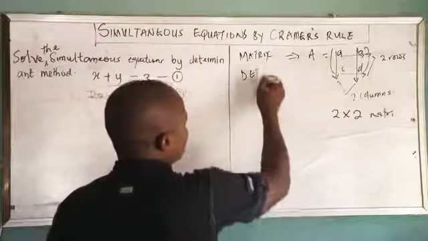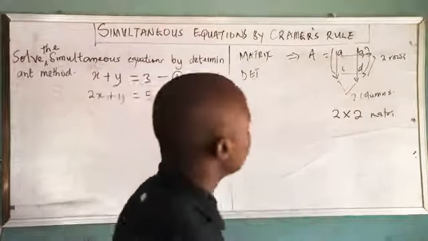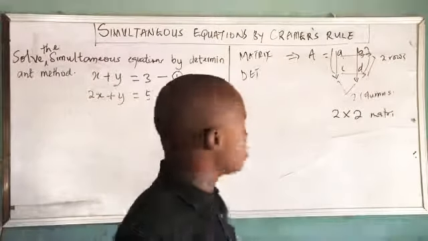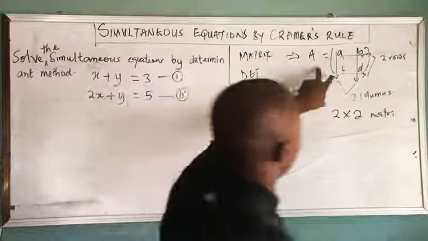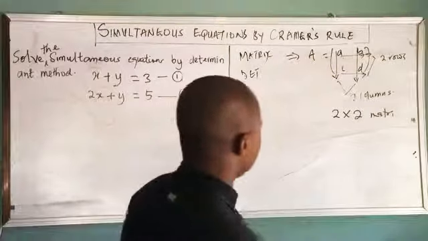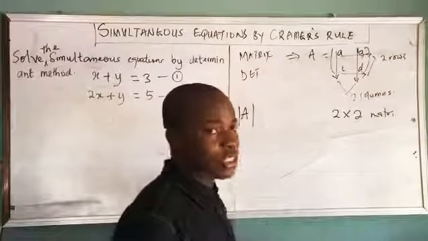So let's talk about determinants. Let's say A is our matrix. The determinant is represented like this, the absolute value bars around A. That is called the determinant.